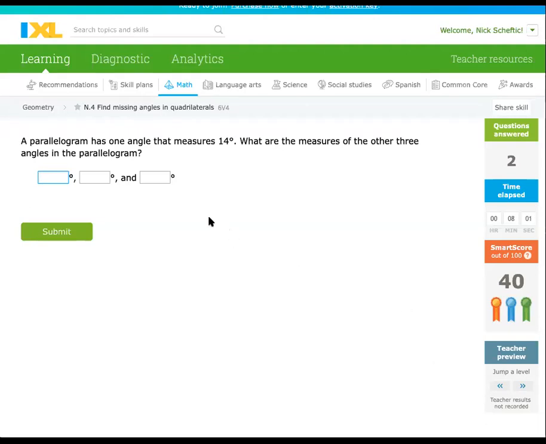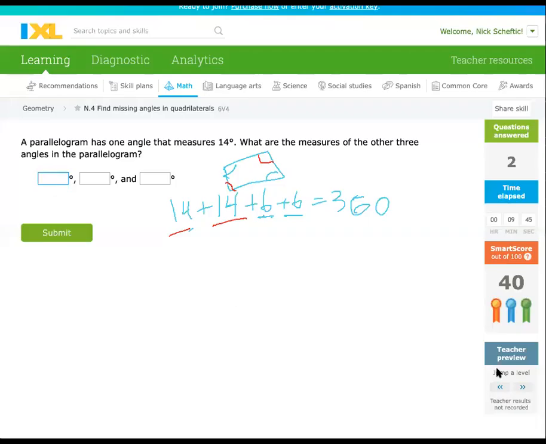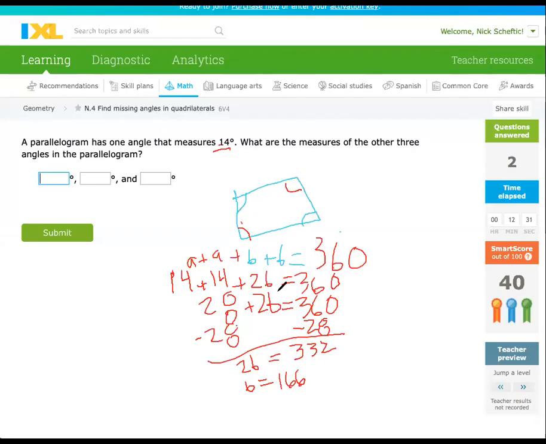You have a parallelogram. One measure is 14 degrees. So again, I'm going to do the same thing I've been doing. I know 2 opposite angles are going to be congruent, and then the other 2 are as well.